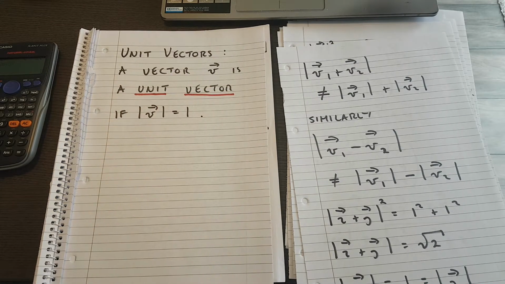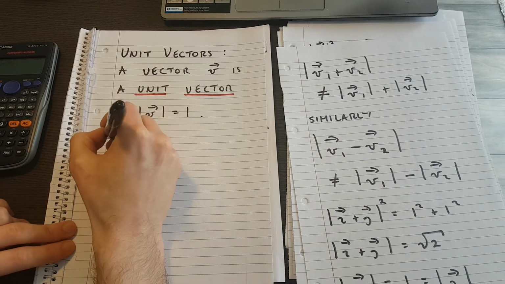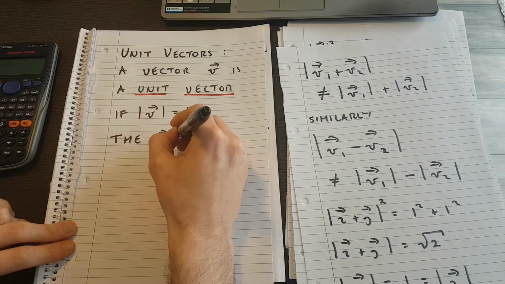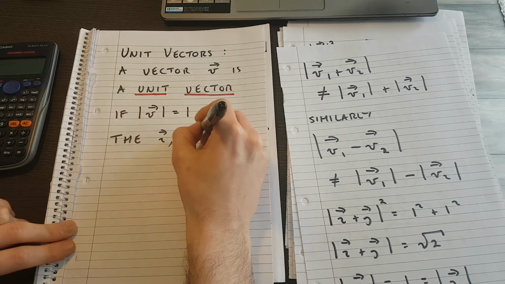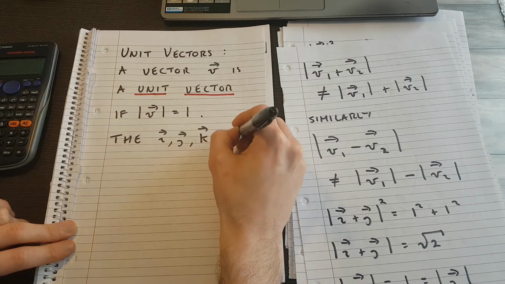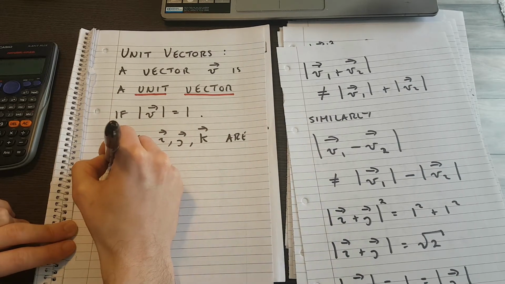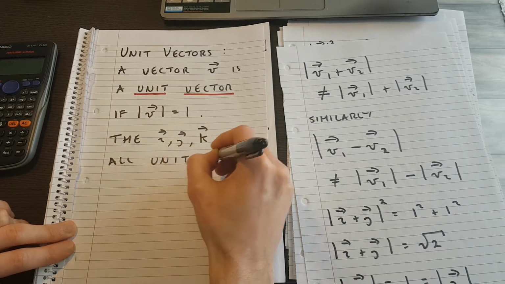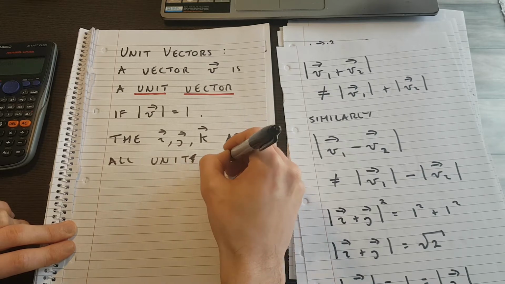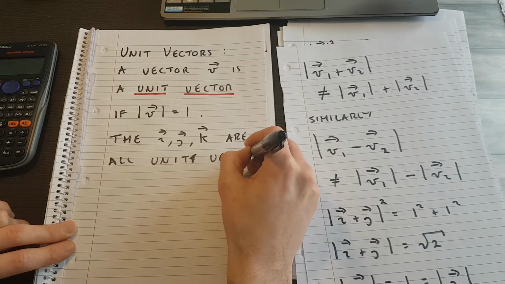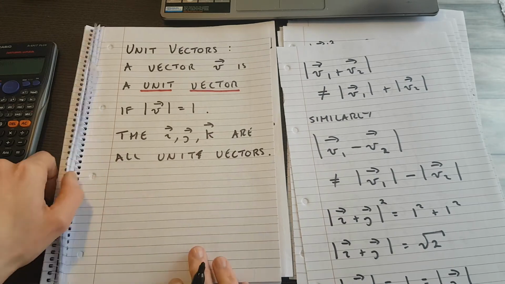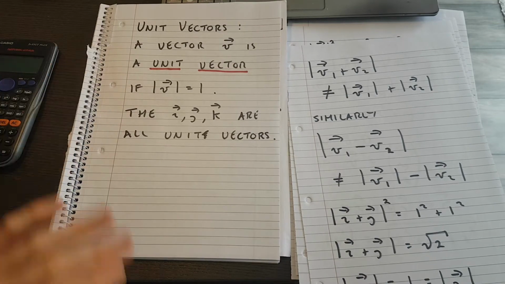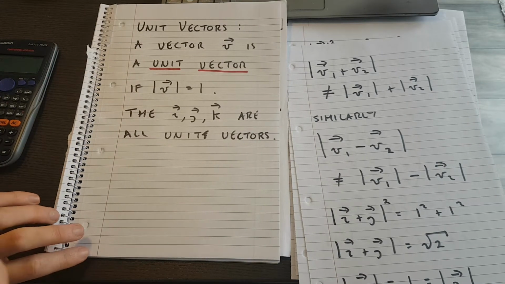The i, j, and k vectors are all unit vectors. And while they're unit vectors, they are not the only unit vectors. So for example, there are a lot of others, and I can actually turn any vector into a unit vector by dividing by its length.